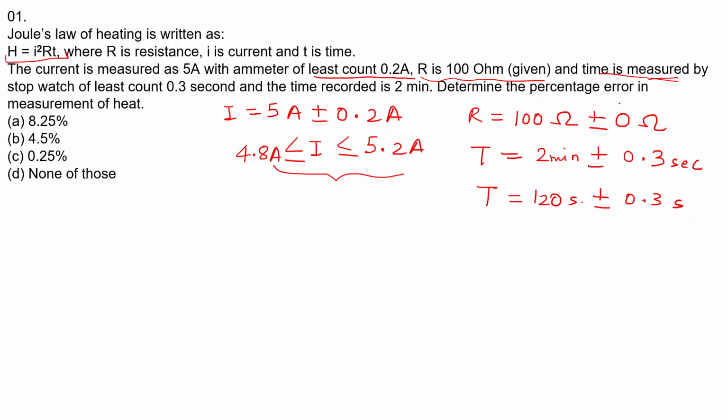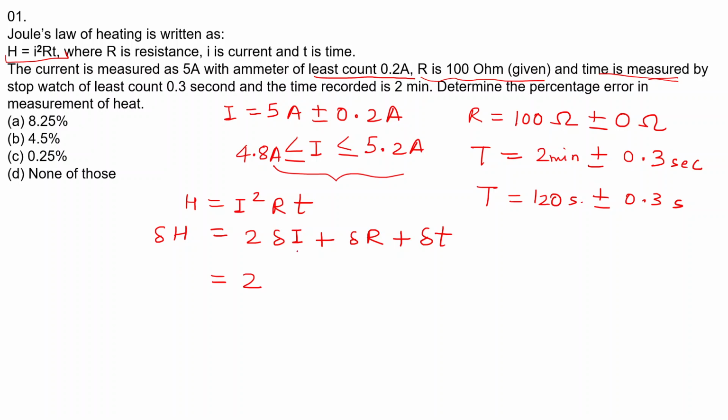Now we have to find the percentage error in the measurement of heat. Since the heat depends on the square of current, and on resistance and time, the percentage error in measurement of heat will be twice the percentage error in current plus the percentage error in resistance plus the percentage error in the time that has been measured.